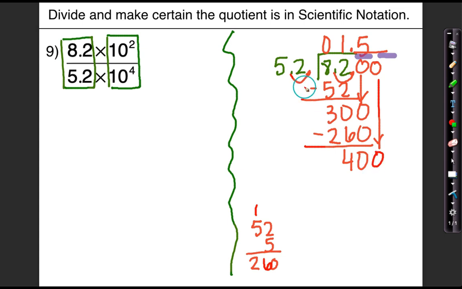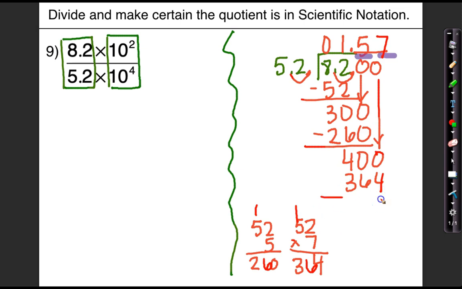But wait, if 50 times 8 is 400, 52 times 8 would be a little too much. So for that reason, instead of using 8, we're going to use the one below, so we're going to use 7. If we multiply that, we're going to get 364, which is pretty darn close without it going over. So let's put a 7 here.